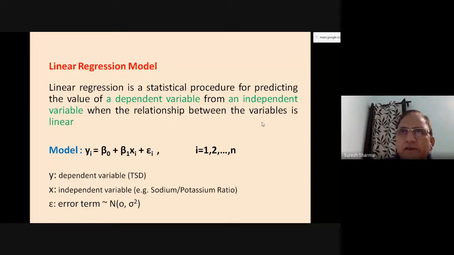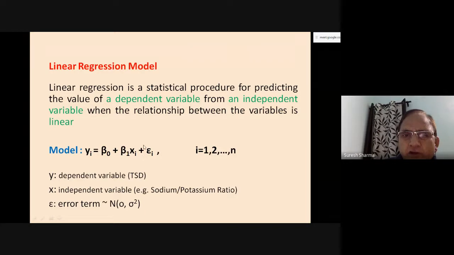It is based on the equation of a straight line, and the equation of a straight line is basically beta naught plus beta 1x, which we call a plus bx. So here I am writing y is equal to beta naught, that is your a, plus beta 1 x, where b is your beta 1.